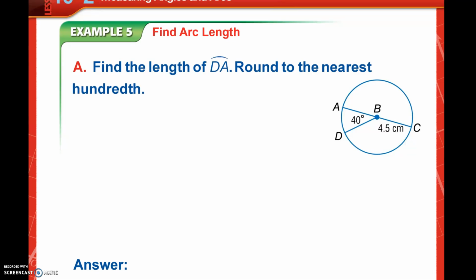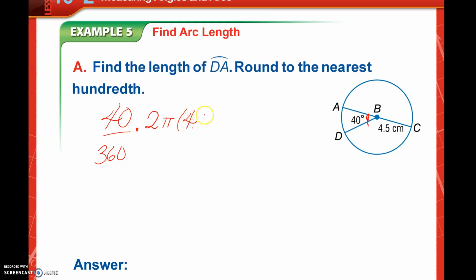So we're finding the length of DA. We know our angle is 40. If we didn't know that, we'd have to find that, and we know our radius is 45. So you can go 40 over 360 times the circumference. So the fraction times the whole way around. So we know what fraction of the whole way around it is.